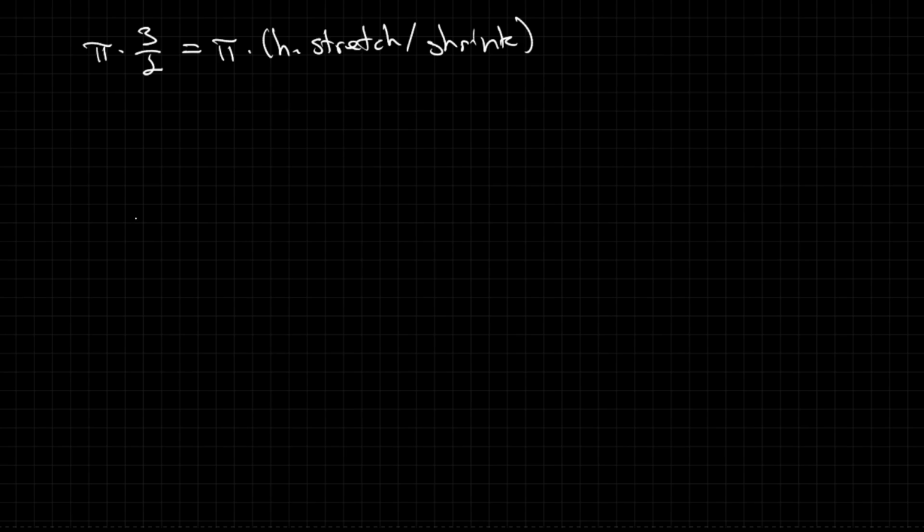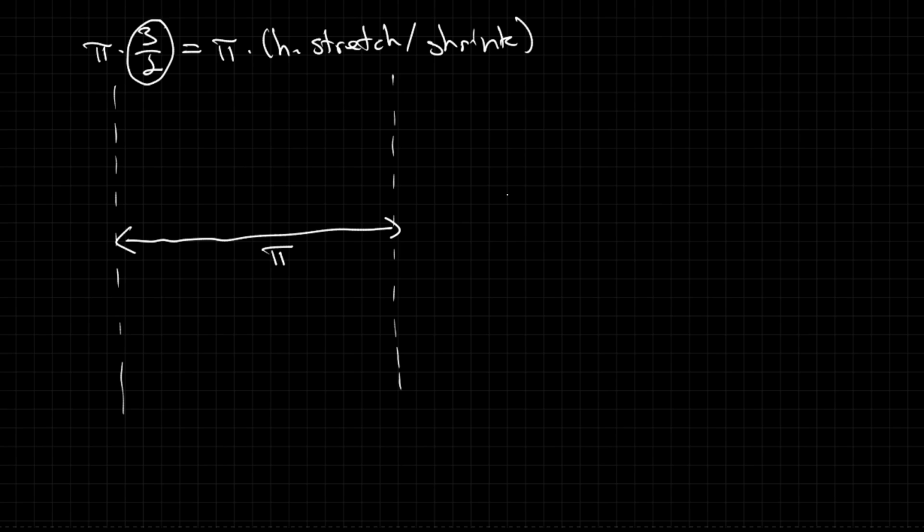So if your graph starts repeating for the parent function after, say, pi, then this repetition between these horizontal asymptotes is going to get stretched by this 3/2, and that's why this computation works. Instead of repeating after pi units, we're going to stretch that length of pi units by whatever the horizontal stretch is applied to the parent function.